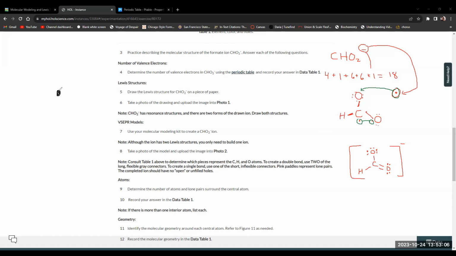My carbon here, my hydrogen, and my 2 oxygens. And remember, don't forget the lone pairs. So it kind of looks like this.